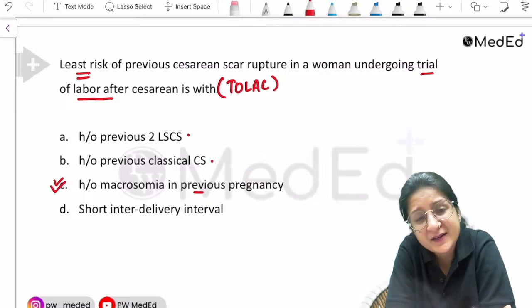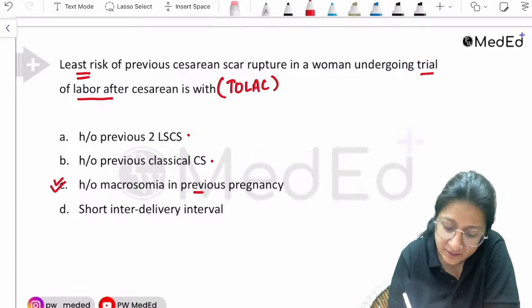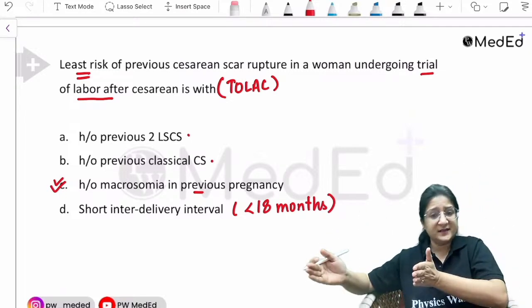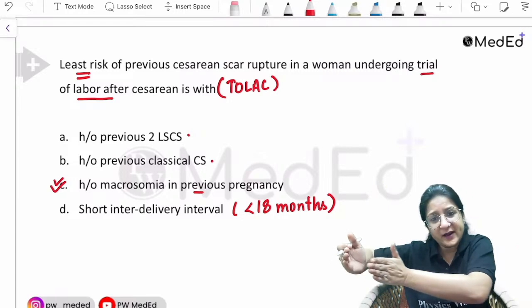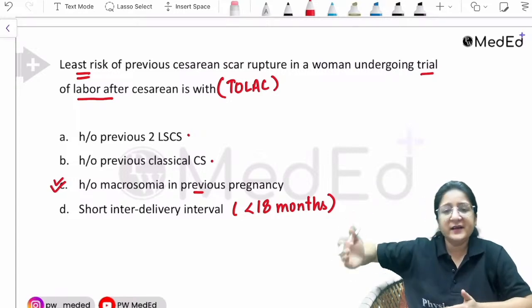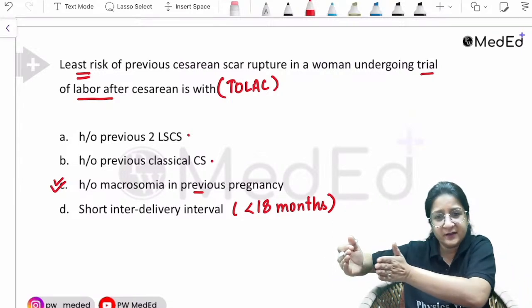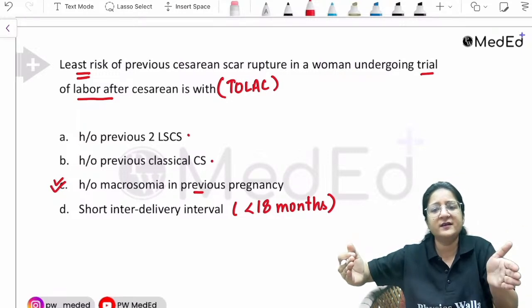What about short interdelivery interval? Short interdelivery interval means that it is less than 18 months between the two deliveries. That means she had a cesarean section here, then in the meanwhile she got pregnant, finished 9 months of pregnancy, and is ready to deliver here.